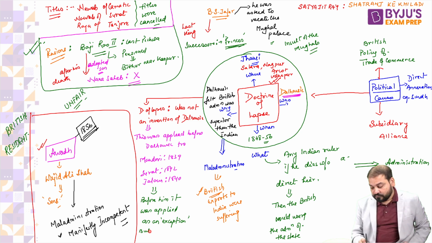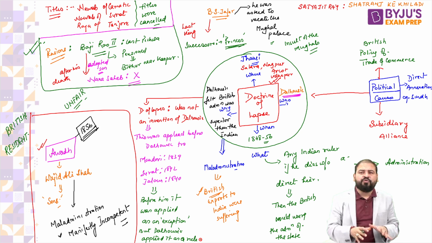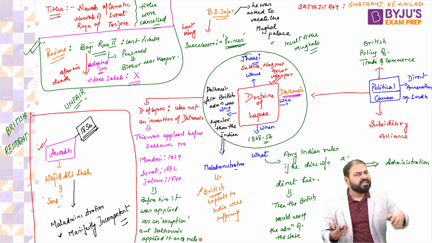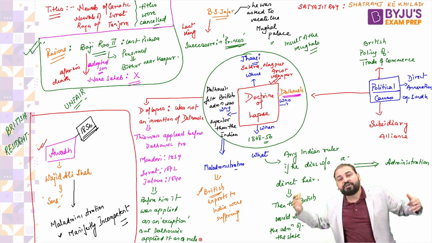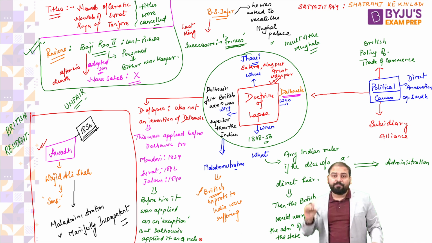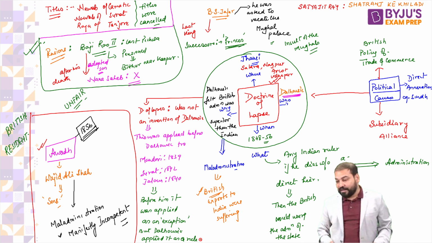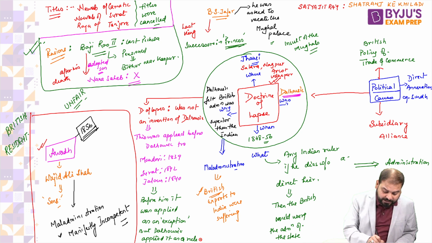But Dalhousie applied it as a rule. All of you, before Dalhousie, whenever it was used, it was as an exception. Kabhi use kar diya, kabhi nahi kiya. Sometimes we used it, sometimes we did not use it. But Dalhousie ensured that every place it was applied. Am I clear, everyone?